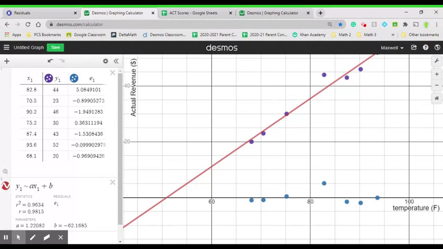So it seems like for temperature versus revenue, that would be a good linear pattern that we're using here in regression. And that essentially is what residuals are. And Desmos allows us to find these residuals and make decisions on how good of a model we are looking at. And that wraps up our notes on residuals for this video.